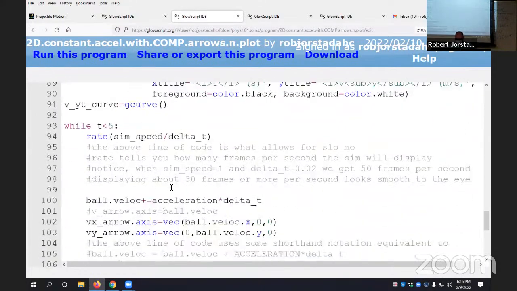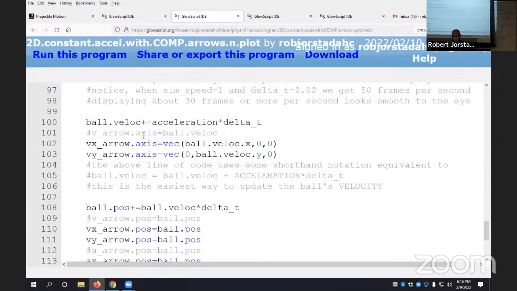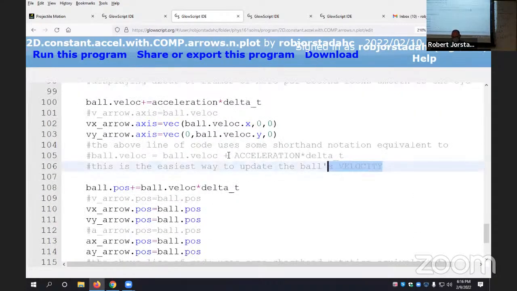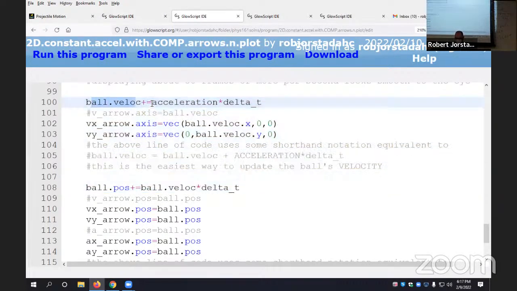Boring, boring, boring. Look at this. This just tells it how many frames to display. We're only doing 5 seconds. Let's get into here. This is the guts of the code. Look at this. You take the ball's velocity and add to it a dt, right? This is the equation delta v over delta t equals a. That's all that is.